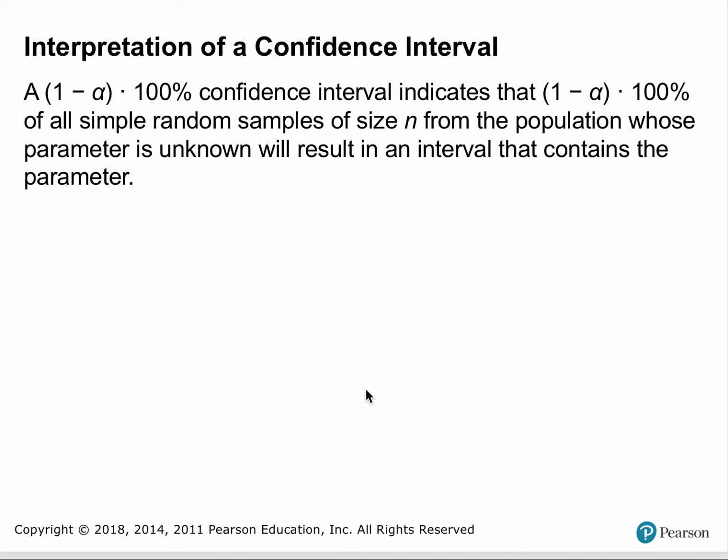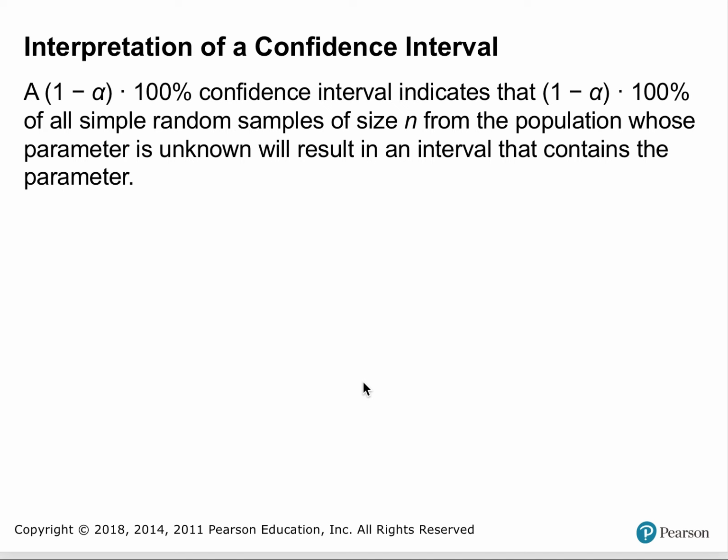Because your parameter is already determined, we do not say that there's a 95% probability that the interval contains the parameter. A 95% level of confidence means that 95% of all the possible samples include the parameter, and 5% of all possible samples do not include the parameter.